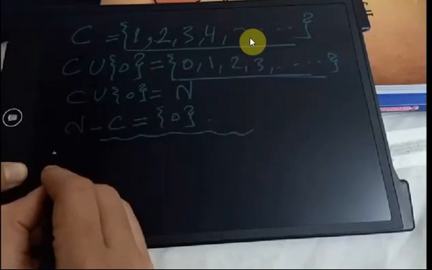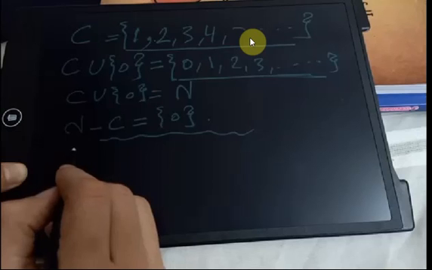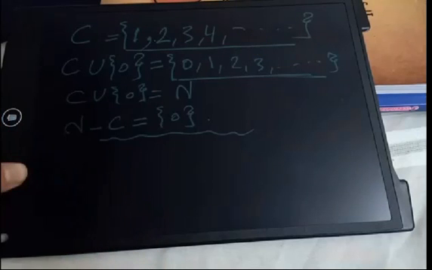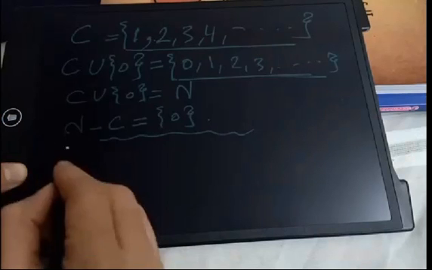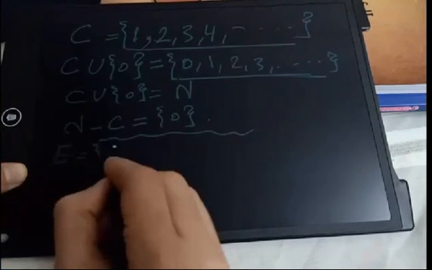Okay, so we have some sets that are subsets of the natural numbers. Ahmed Hassan, can you remind me which are subsets of the natural numbers? The even numbers, E, and the odd numbers.